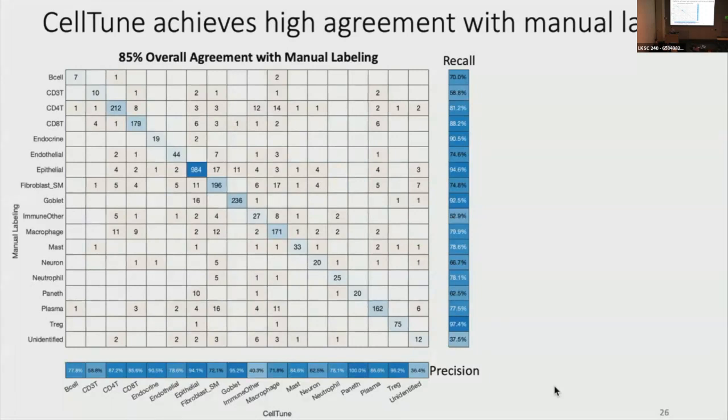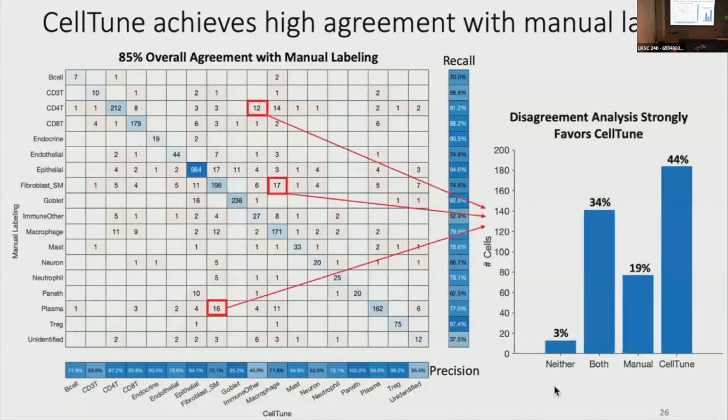These are where the first manual labeler disagreed with CellTune, and we had a different manual labeler look at those cells and decide: who's correct, or neither, or both if it's ambiguous. And here we actually saw that the disagreement analysis favored CellTune: for 44% of those cells, the second manual labeler expert agreed with CellTune, whereas only 19% with the manual labeler.